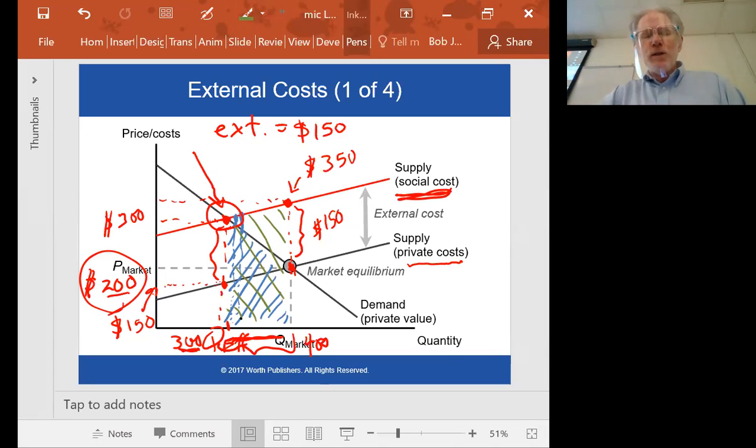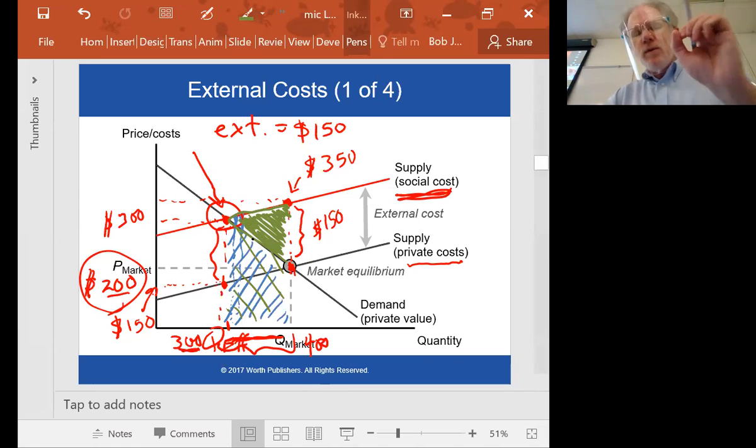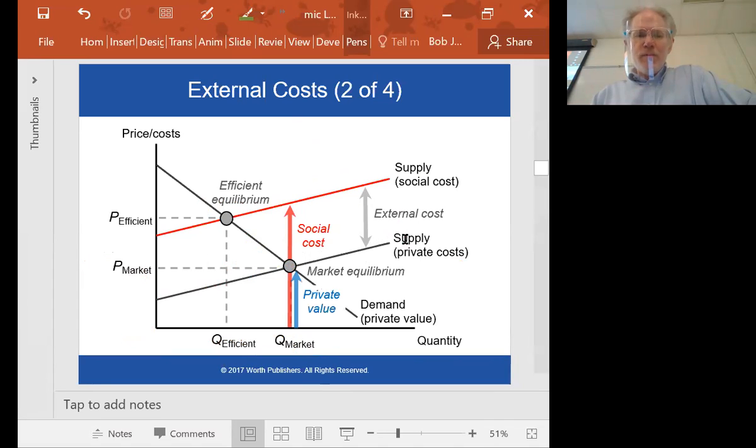The cost of those units is greater than the benefit, and the difference between those two would be represented by this triangular area. It's the area below the social cost curve and above the demand curve. And that would be the deadweight loss, or the inefficiency due to overproduction of this good where there are external costs. And I think we see a better graph of that in a second. Yeah, here we go.